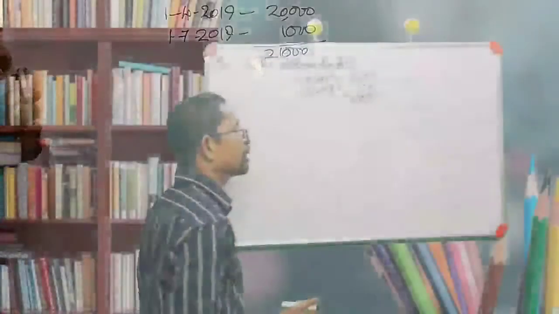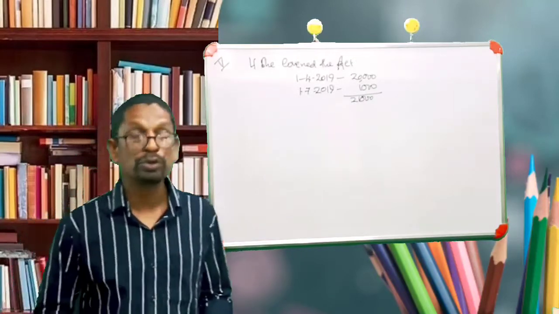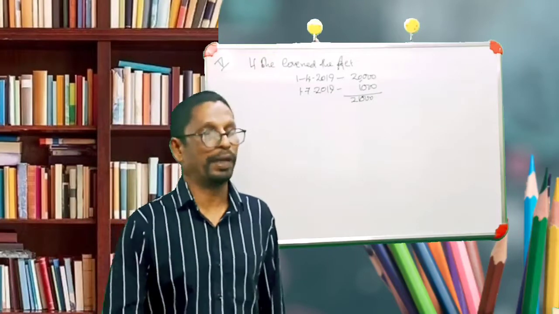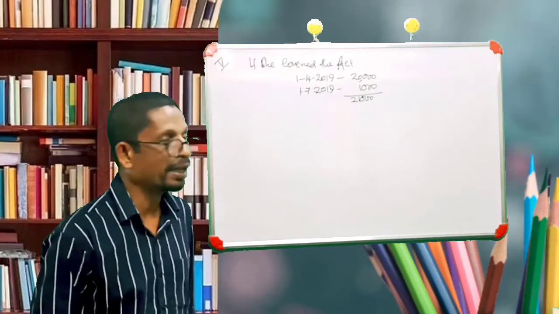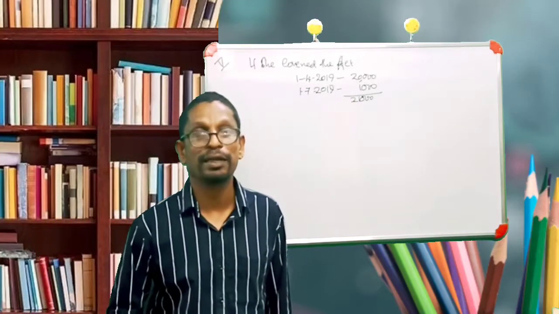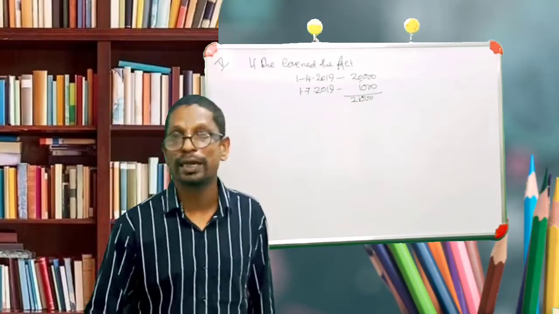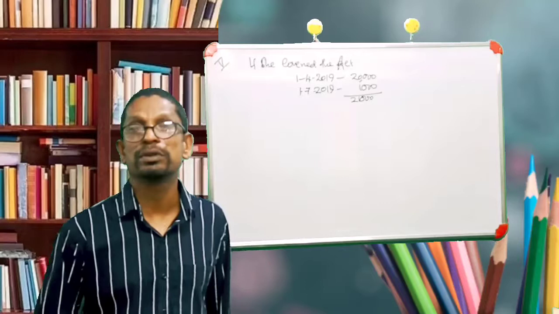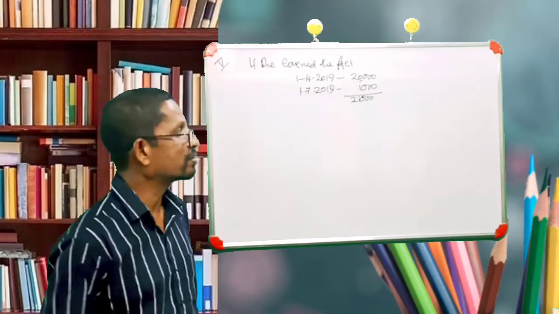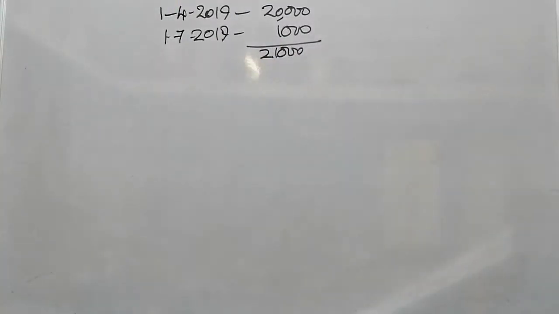Therefore at the time of her retirement her basic pay is rupees how much now? 21,000. 21,000 is the basic pay. Because she retired as on what date? As on 31st December 2019, and the next increment will come only next July, that means July 2020.